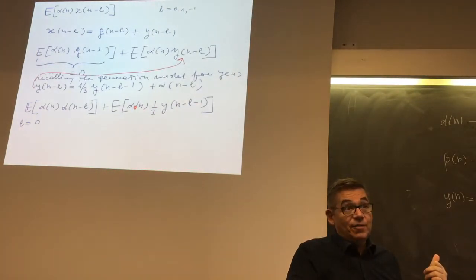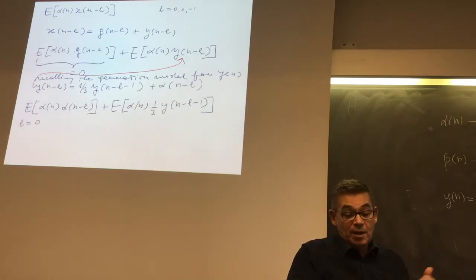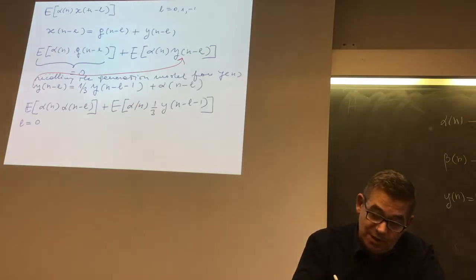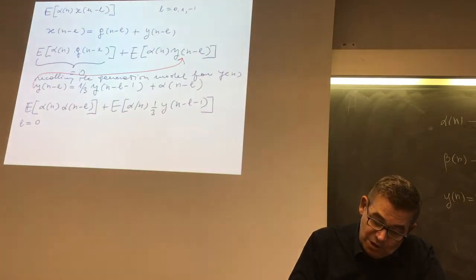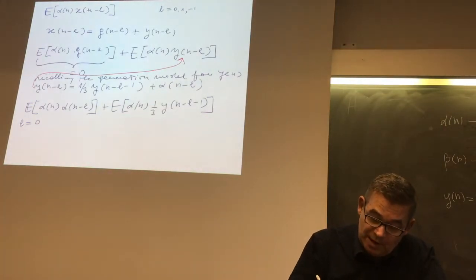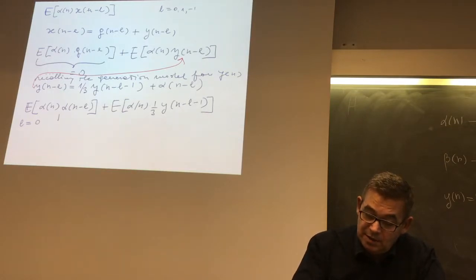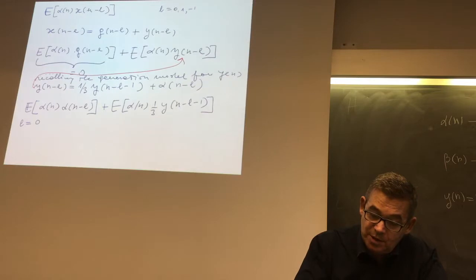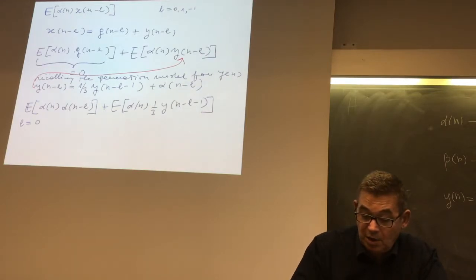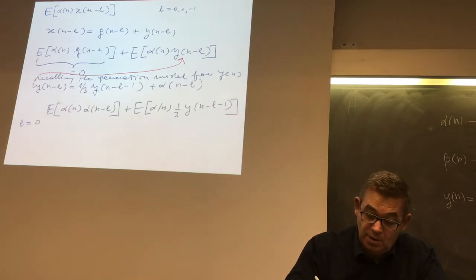So since alpha n is uncorrelated, it is 0. So for L equals 0, the only term which remains is the first one. Let me try to write a set of relationships so that it remains very easy for you. Let's put in column. Here.